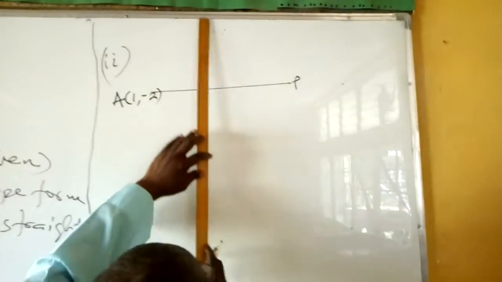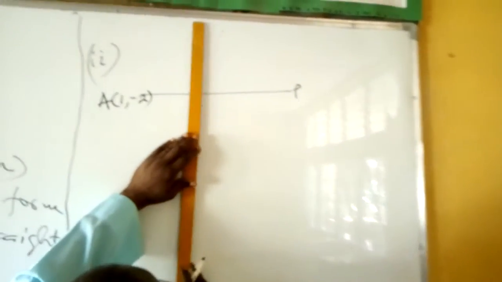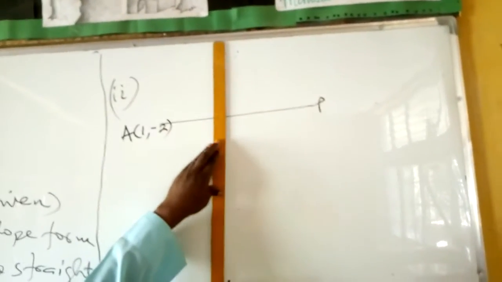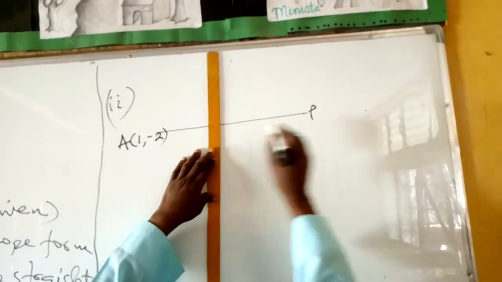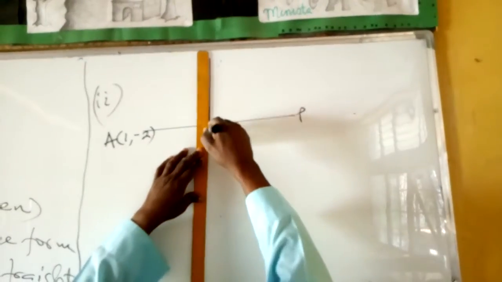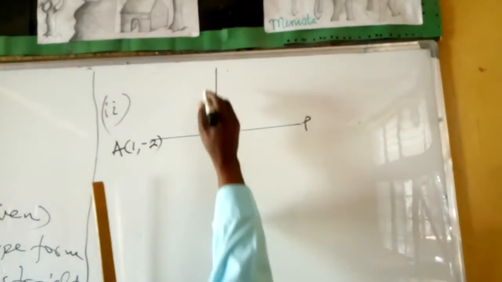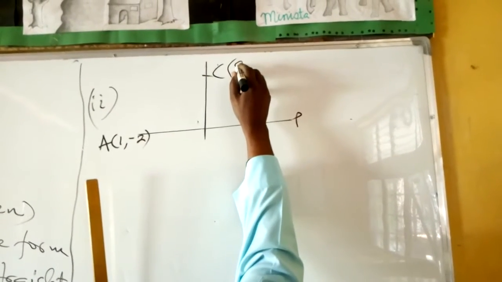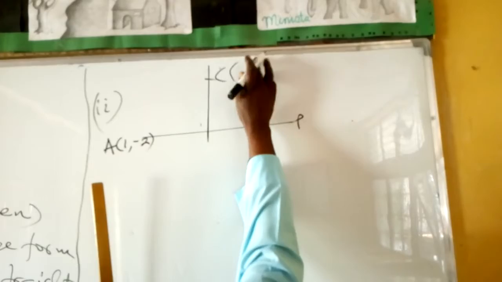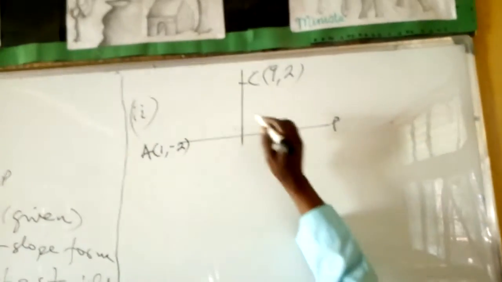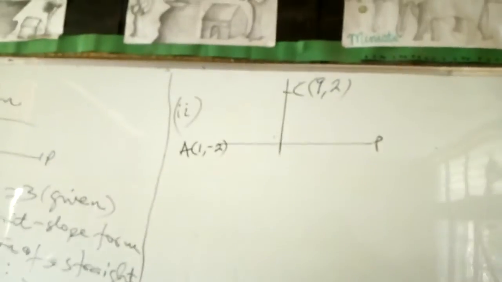We also have a line whose equation is not known, but that line is perpendicular to AP and it is passing through point C somewhere. This is point C, and the coordinates of C are 9, 2, given in the question.